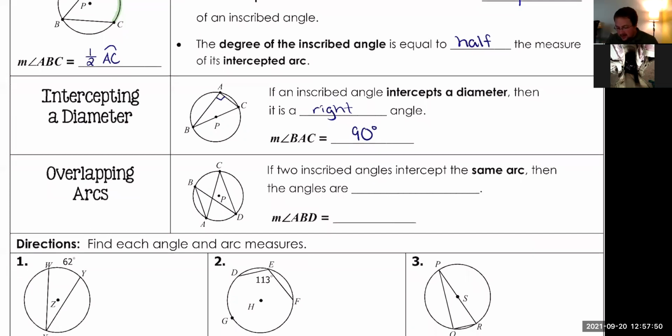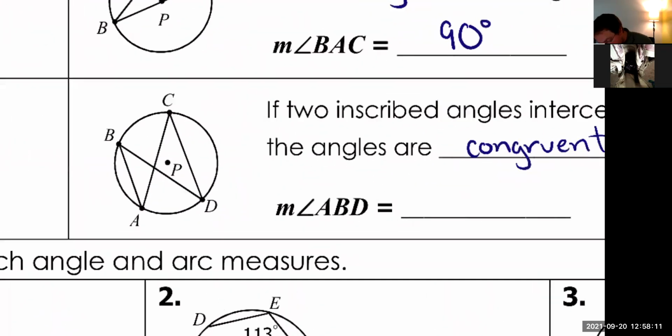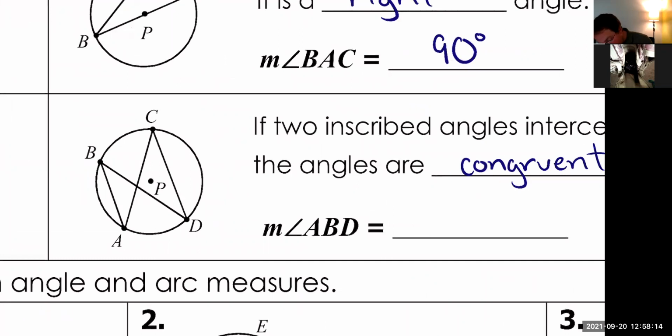The second one here is a pretty unique relationship: when you have two inscribed angles that intercept the same arc in the circle. When this happens, those two angles are congruent. If I take a look at this diagram here, we have angle ABD and angle ACD intercepting the same arc AD.